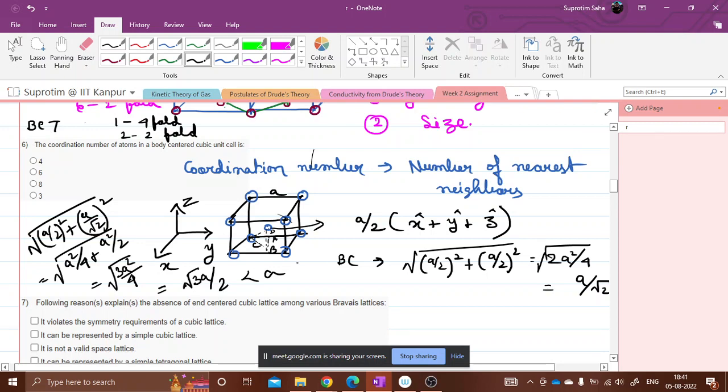So in that case, you can think that this atom has the nearest neighbors. All right, not this, not this. These atoms are the nearest neighbors. So let me just recolor. So this all will have your nearest neighbors, right?